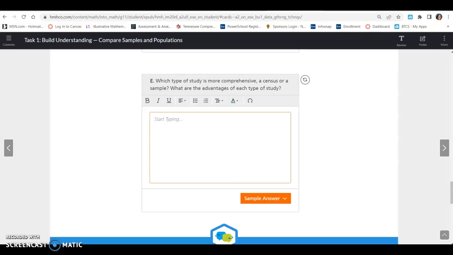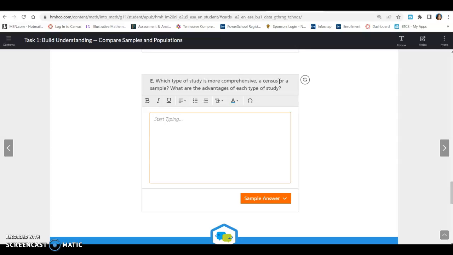Which type of study is more comprehensive, a census or a sample? What are the advantages to each type of study? A census is more comprehensive because it includes the entire population. When you do a census, it counts every single person to get data from, so it's going to be more accurate.